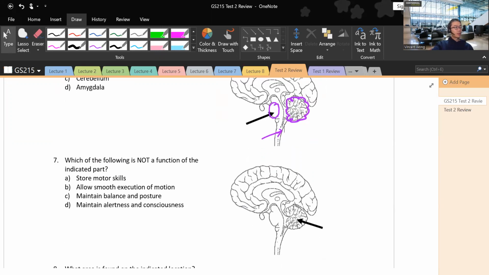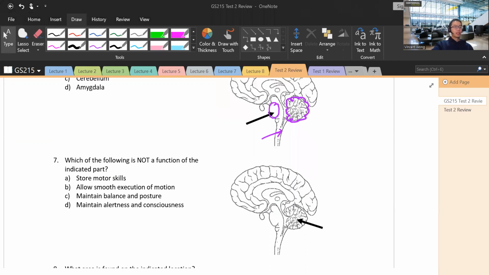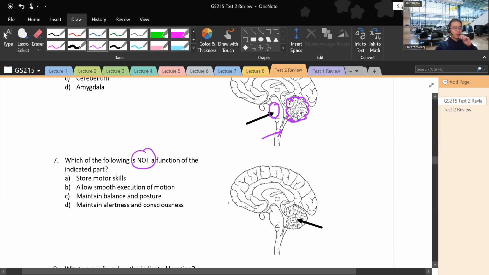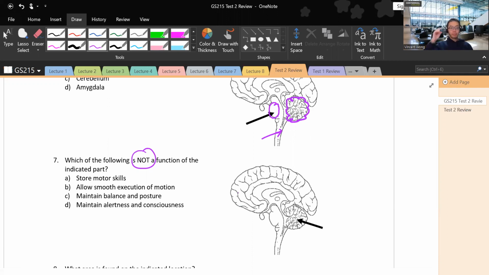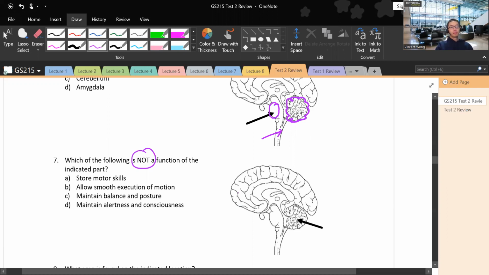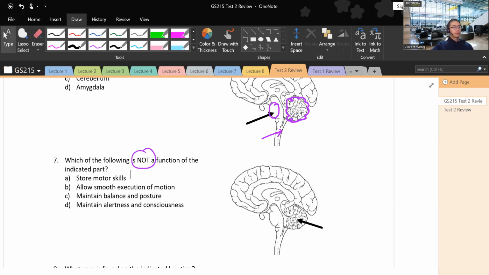Okay, so that takes us to the next one. This is another way I can ask the question. I don't tell you what it is, and then I ask you which is not a function of that. Not a function, okay? Yeah, pretty good.